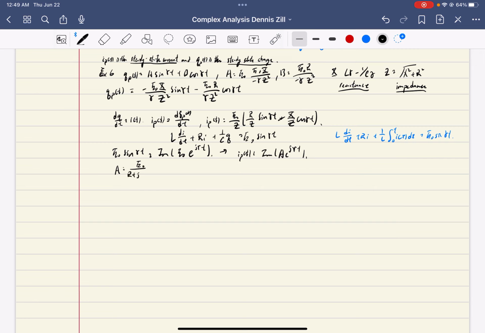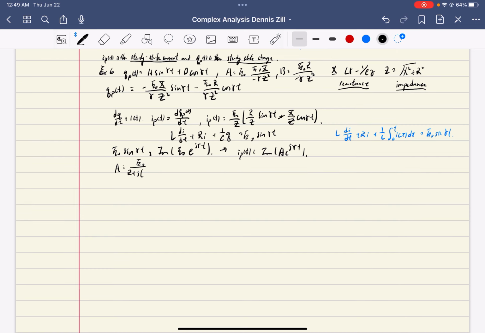Well, since we defined it over here, we set them equal to each other, right? Because now let's take into the imaginary axis. You have L gamma minus 1 over C gamma, right?